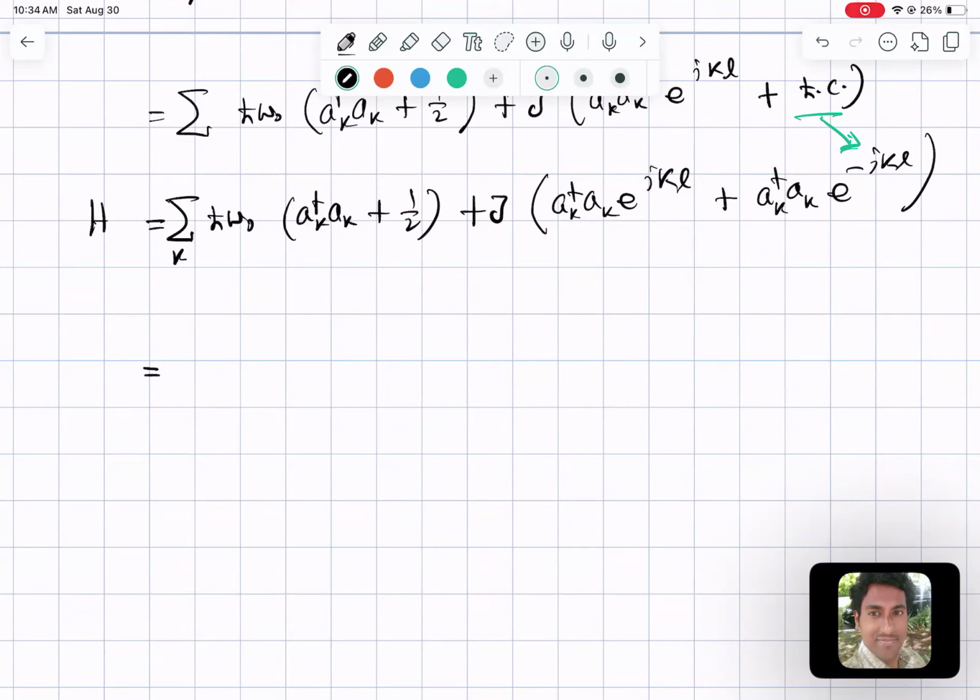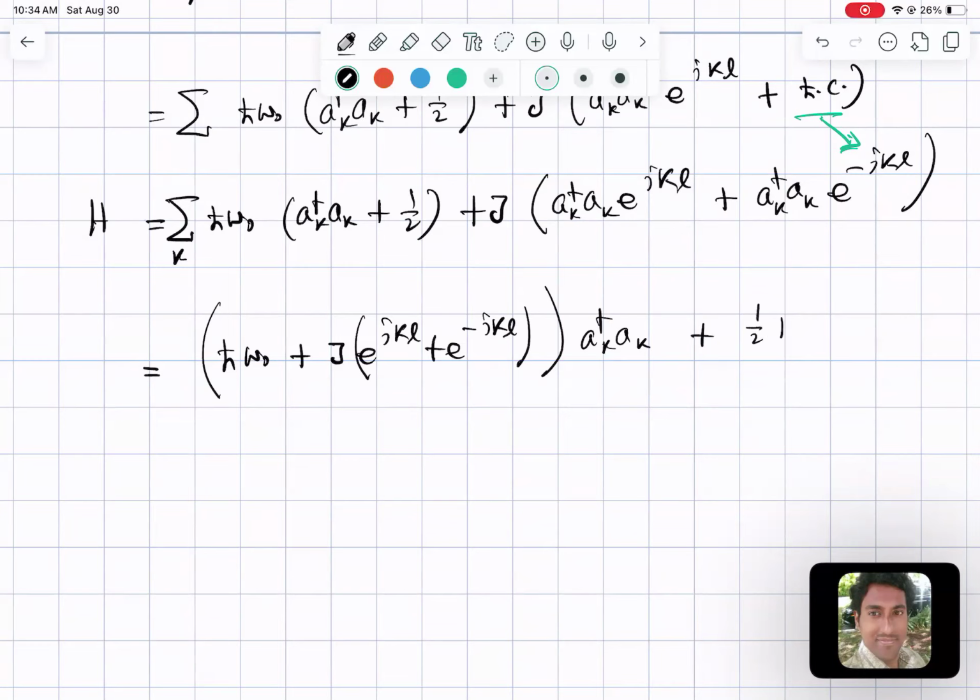So h bar omega naught plus J, e to the power i K L plus e to the power minus i K L, all of these times a dagger a, plus half h bar omega naught.